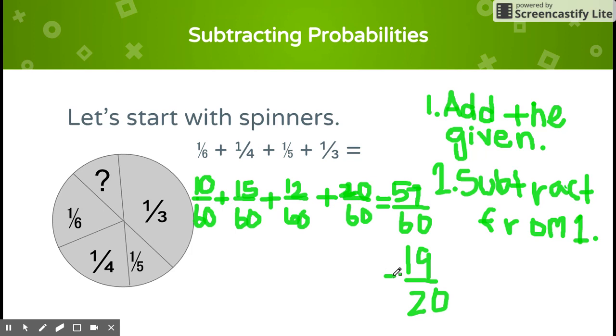In this case, we're going to create a giant 1 with the same denominator as what we already have. And our denominator is 20. So to create a giant 1, we just put the same thing up top. And we're going to subtract. So we have 20 minus 19, which is 1. And our denominator stays the same. So the missing piece is 1/20.